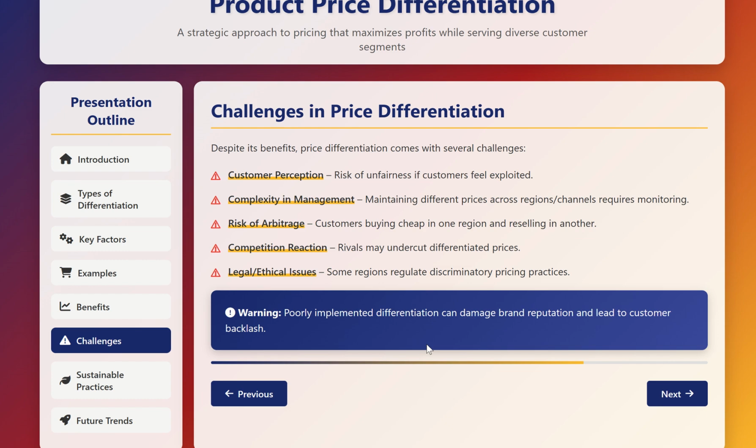Number 3 is risk of arbitrage. Customers buy cheap in one region. If you have done more differentiation, some of these customers are very clever. They can buy this product from one region and then resell it in another region, and you may find that in that region you are removed out of the market.